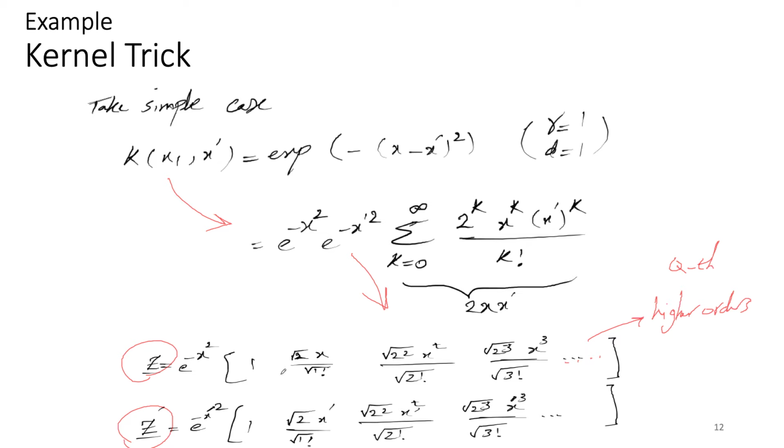So the square root of 2x divided by square root of 1 factorial, and this goes on with the 2 factorial, and you have to compute the z prime, the same parameters but in prime form, right? So instead of computing these two directly, we know how we're going to expand this by the order we are interested in, and we just compute the inner product of these two, right?